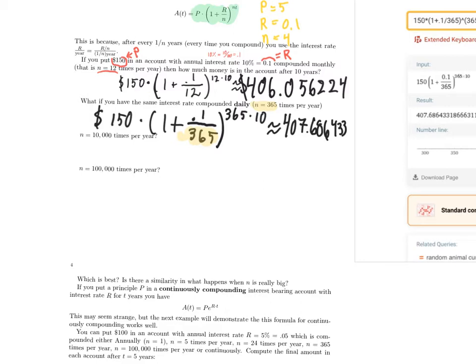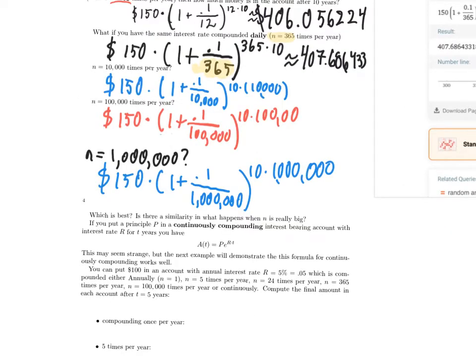And maybe we'll even go on to n equals 1 million times per year. Otherwise, the exact same setup. So I'll pause for a moment. I'll write down the resulting formulas. You should also. Then I'll pause again and do the computations, and we'll see what we notice. See you in a second.